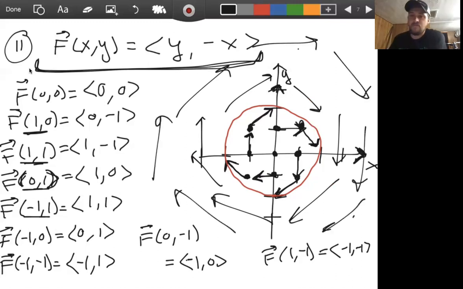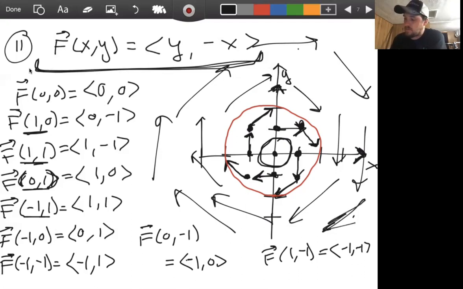Rotational vector fields are very good for modeling hurricanes, right? Wind speeds of a hurricane: the eye of the storm is very calm. The winds are very low, and it's not a storm there. But as you move to the edge of the hurricane, that's when the wind speeds get really high and really violent, right?